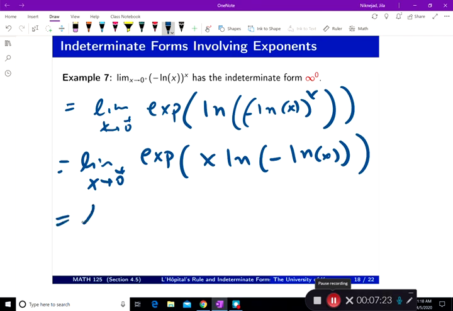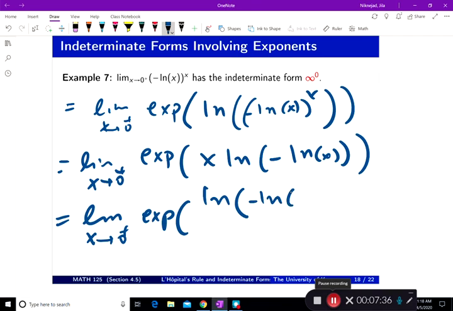to the bottom. Limit x goes to 0 positive, exponential, natural log of negative ln of x over 1 over x.